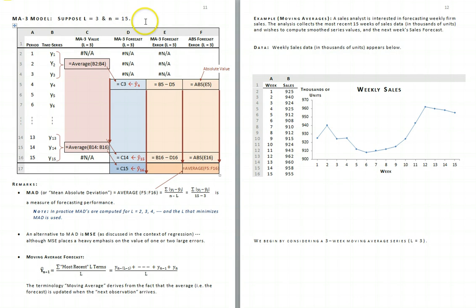Column D would contain the MA3 forecasting series. The MA3 forecasting series values are obtained by moving the column C entries forward 2 periods.